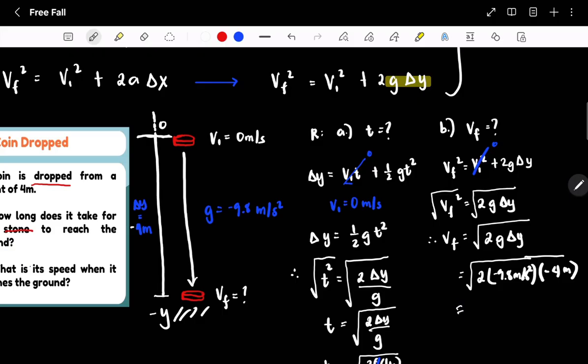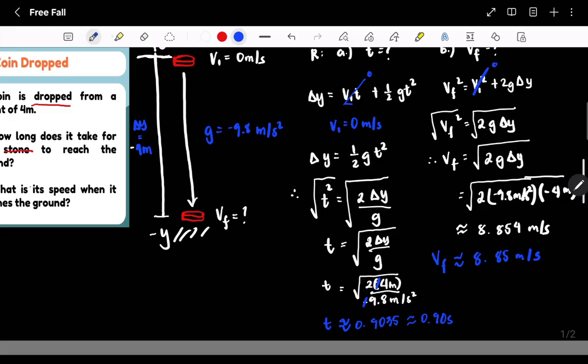And then, if you type this in your calculator, you will get a value of approximately 8.854 meters per second. But if we round off, our final velocity is approximately 8.85 meters per second. And that is it. That is our answer. These are our answers for this problem.